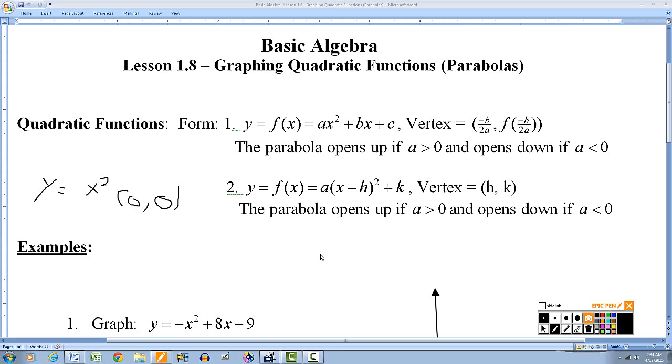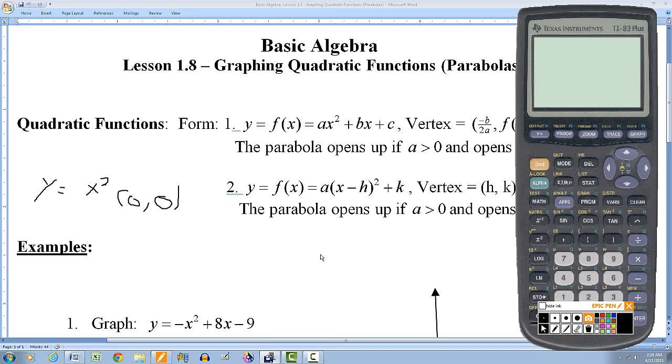I also want to point out that the a value will determine how wide or how narrow the parabola is. Obviously, you can select other points if you want to determine how wide or narrow it is. But just to give you an idea, let me look at the graph on the calculator just to make it easier to see.